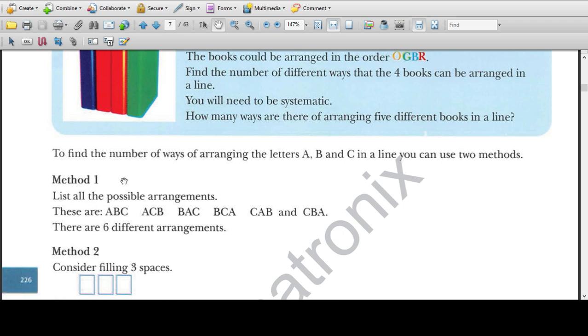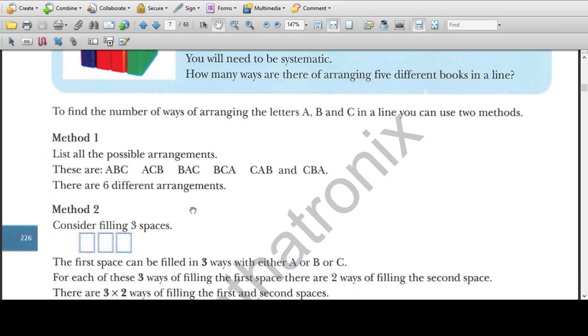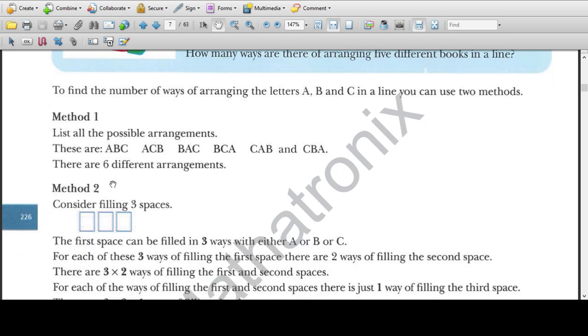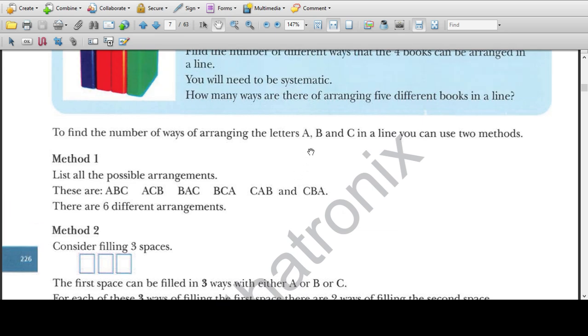Method number 1 is visible and easy, but for a large number of letters or items, method 1 becomes very tedious or very cumbersome. And now method number 2.